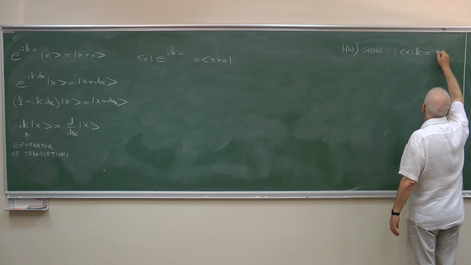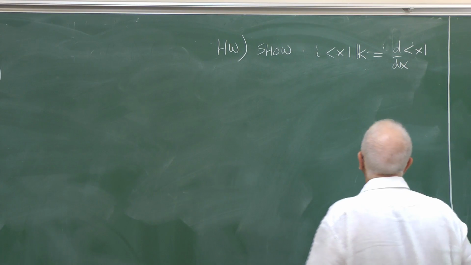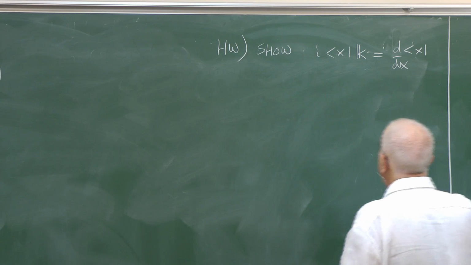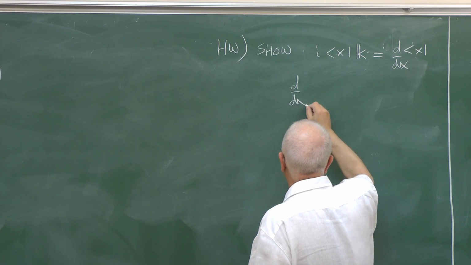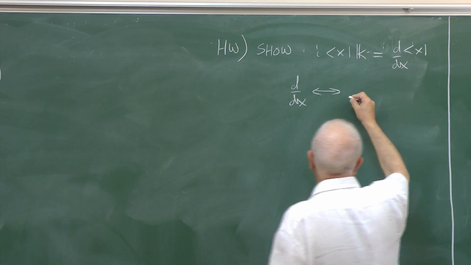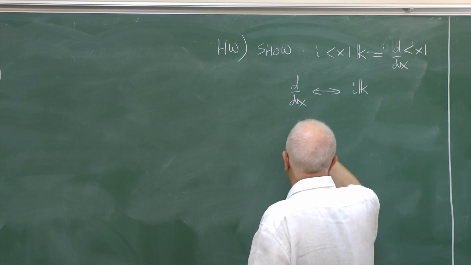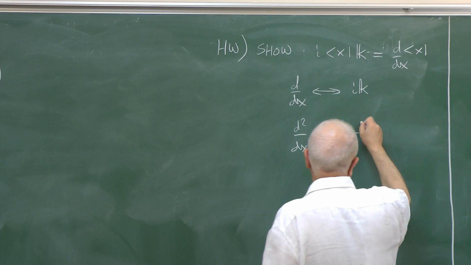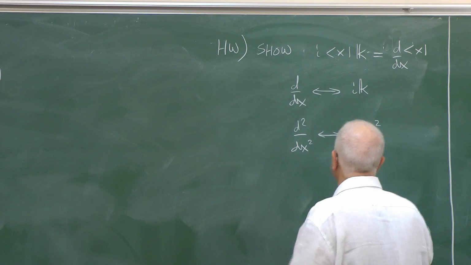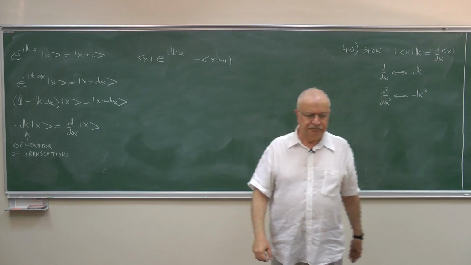D dx of x bra. So d dx is I k, d square dx square is minus k square and higher powers.